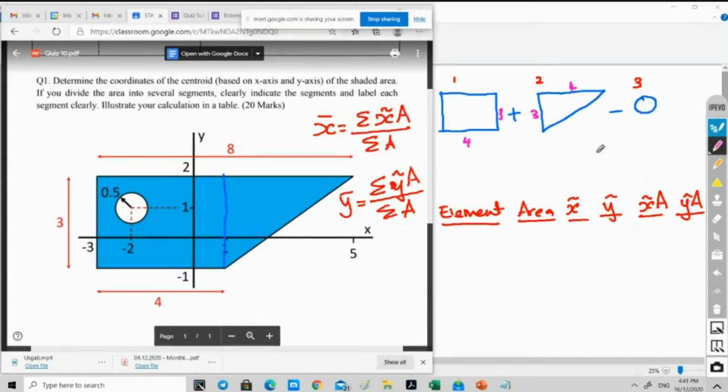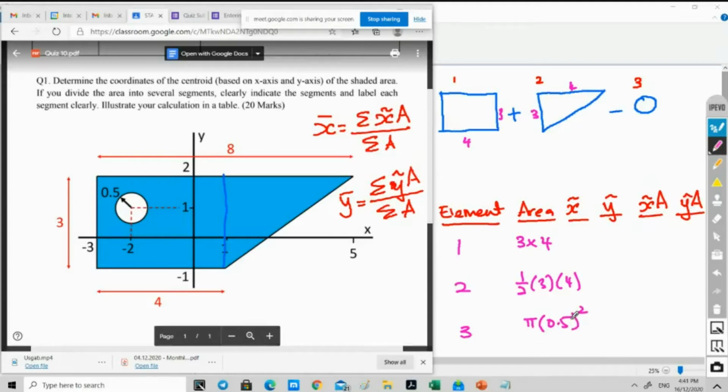So in terms of, for example, element 1, the area is simply 3 times 4, right? And element 2 is half times 3 times 4 for the triangle. And then for the circle it is just pi r square, pi times 0.5 square.